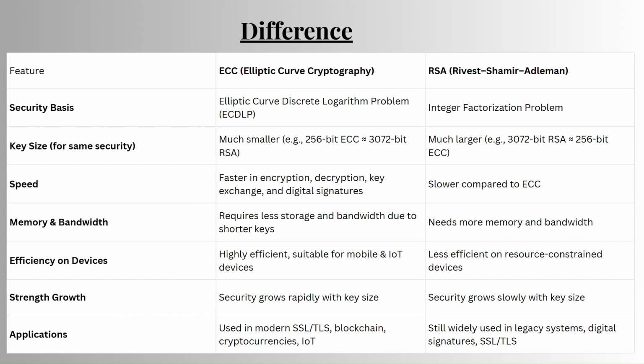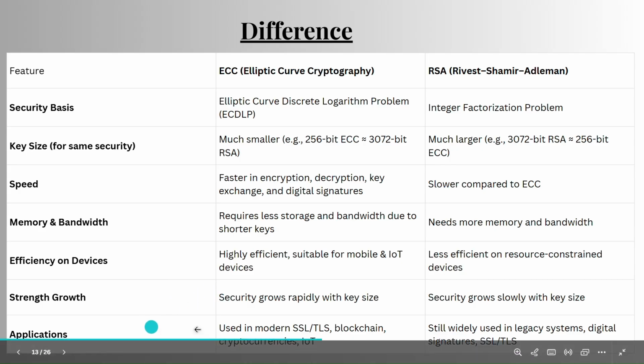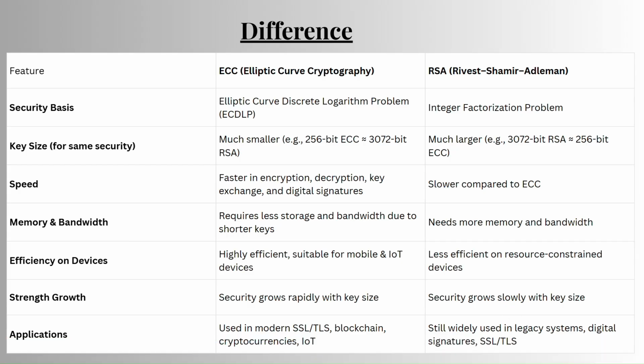As the computation is faster, it requires less storage and bandwidth due to shorter keys, whereas in RSA, as the key size is large, more memory and bandwidth is used. ECC is highly efficient, suitable for small devices like mobile and IoT devices, whereas RSA is used on less resource constrained devices. In ECC security grows rapidly with the key size, whereas in RSA security grows slowly with the key size.